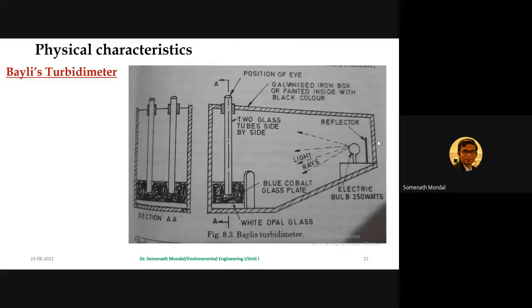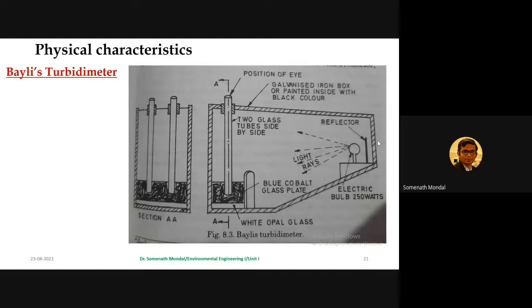Now one of the two glass tubes is filled with the water whose turbidity has to be measured, and the other is filled with a standard solution of known turbidity. The electric bulb is then lighted, and the blue color in both the tubes is observed.